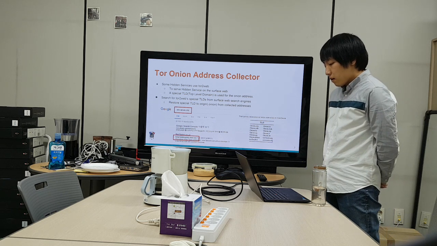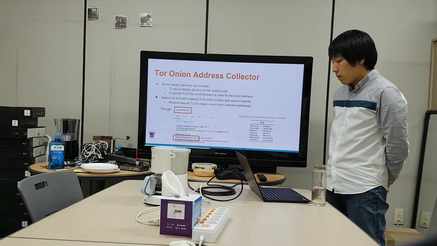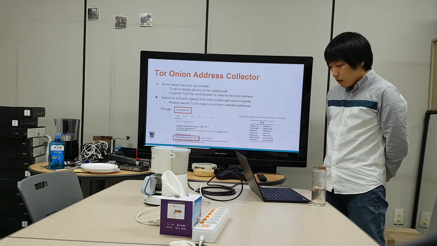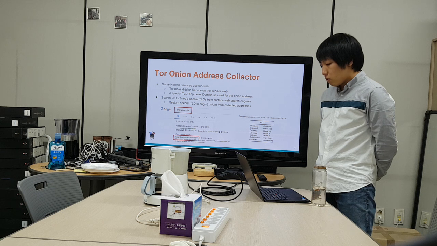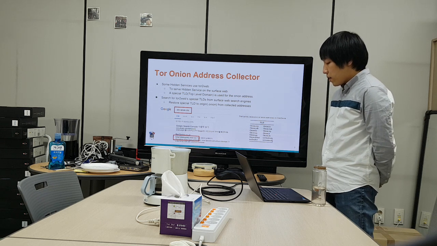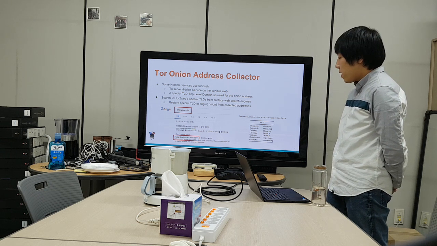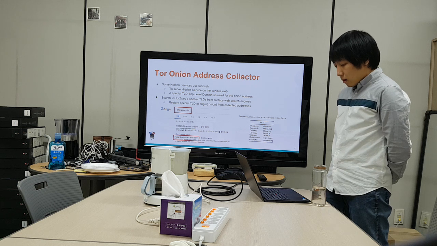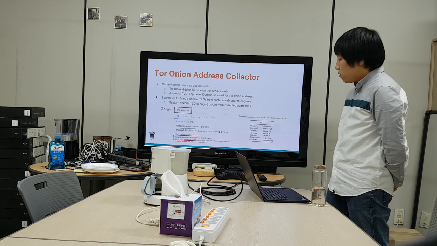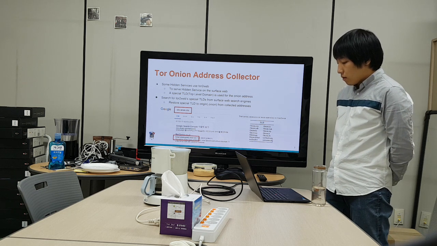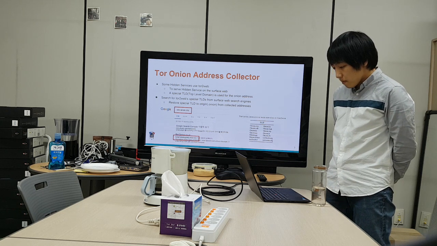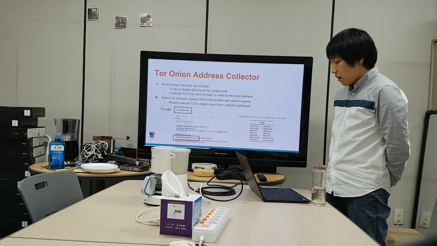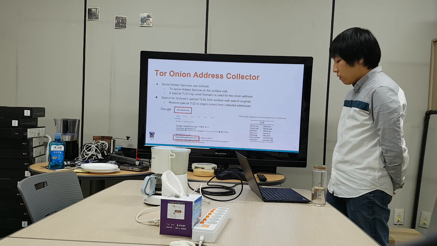The Tor onion address collector collects onion addresses from the Surface Web. Some hidden services use a service called Tor2Web to be accessible from the Surface Web. The hidden services using Tor2Web use a special top-level domain for the onion address and are searched by the search engine.